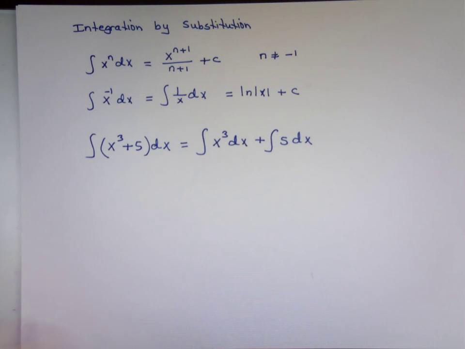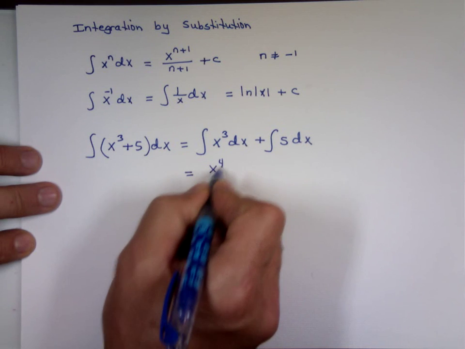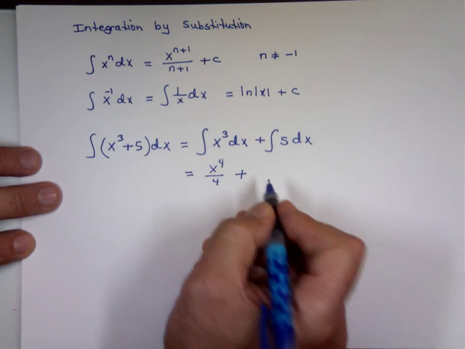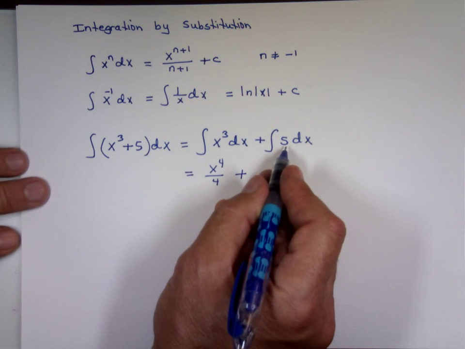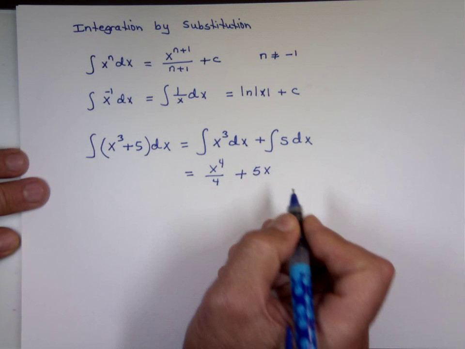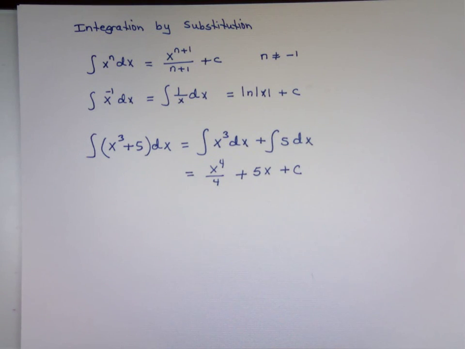What is the integral of x cubed? x to the 4 over 4. What's the integral of any constant? It's the constant times x plus c, because that's an indefinite integral. Nothing new.